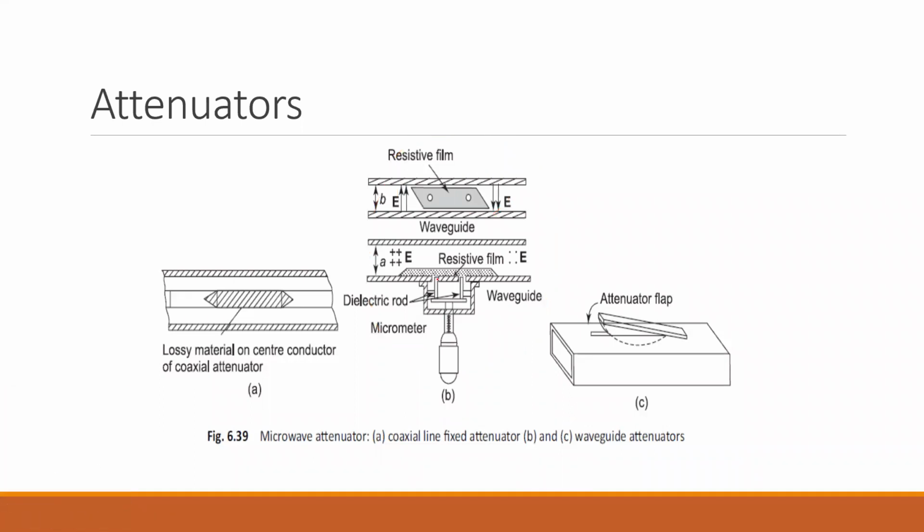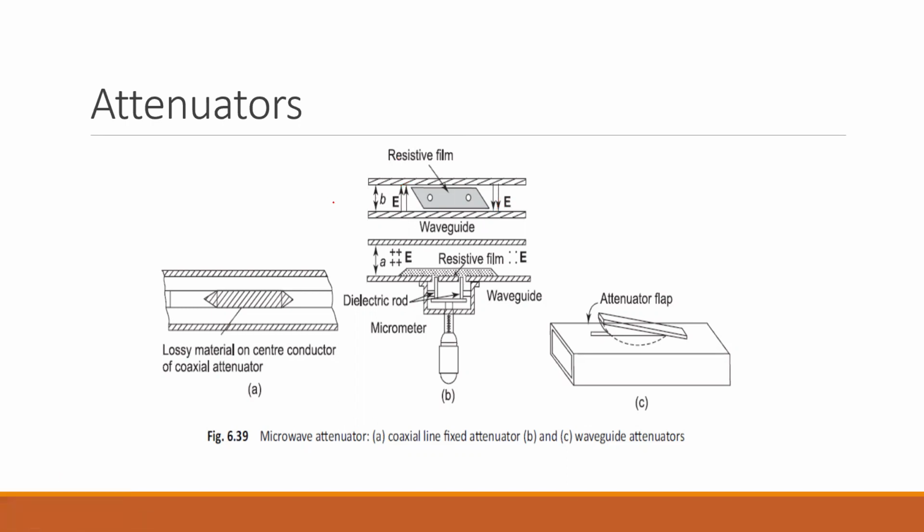So in order to reduce such things, this material tries to minimize reflections. Indirectly, the reflection coefficient of those elements is tried to be as near to zero as possible for these resistive elements or resistive films.